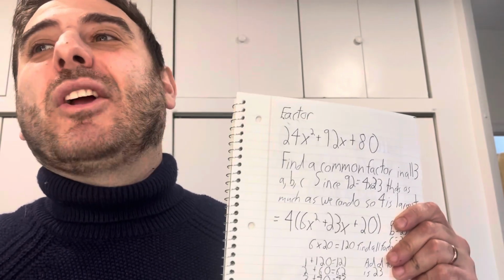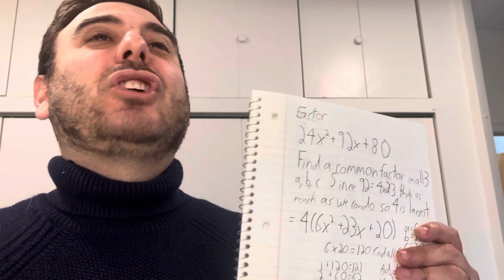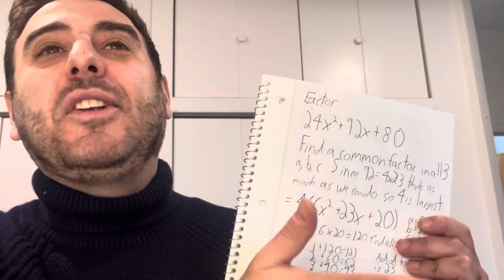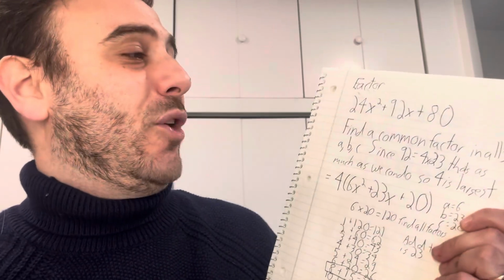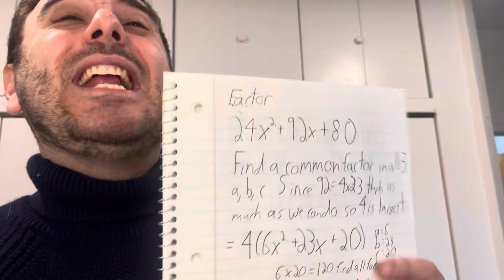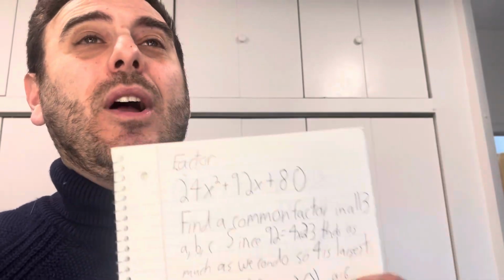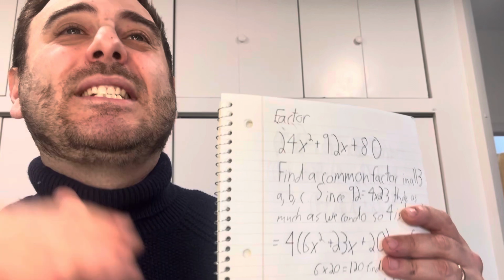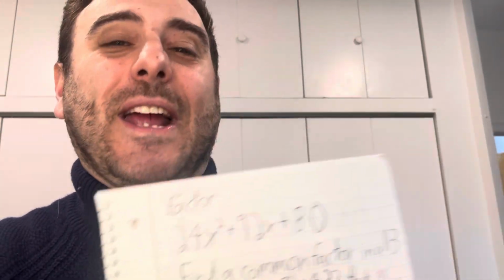Once you start getting bigger numbers, it would be much harder to process in your brain, especially when we're multiplying 24 times a squared term, 92 times that same term, and then adding 80. That's a lot of work to do without breaking it down and making the problem a little bit simpler. This is why we are factoring it.